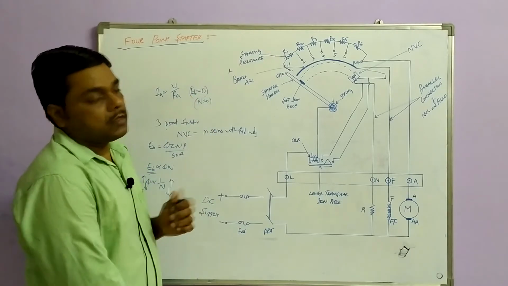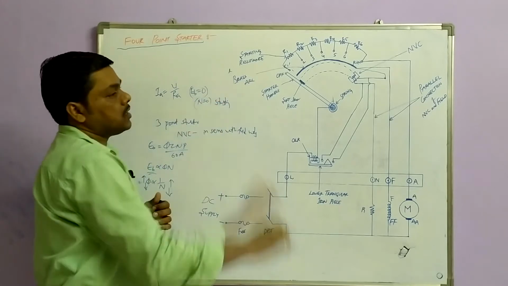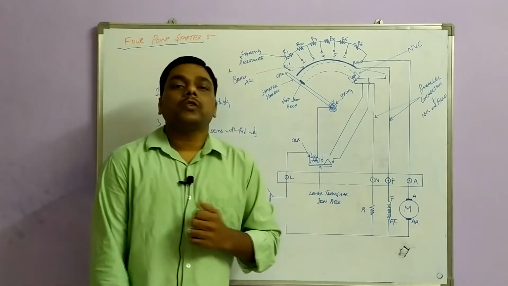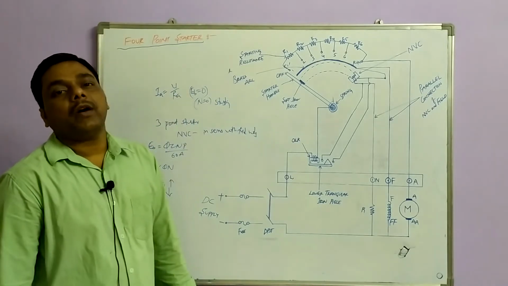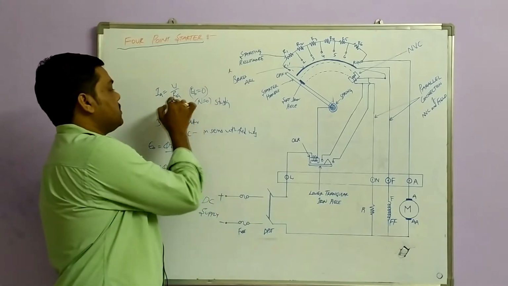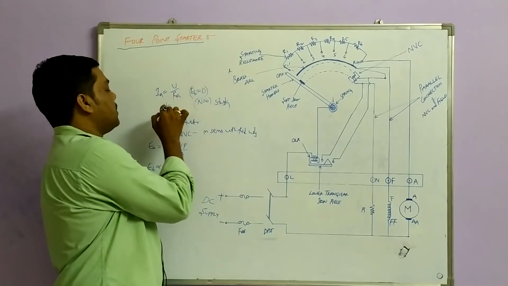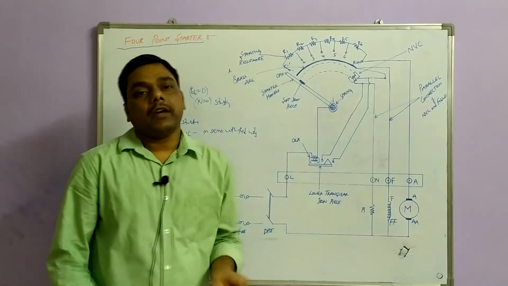This is at starting. Initially back EMF is 0, so your starting current is very high in the armature. That's why we are adding extra resistance. That means V by Ra plus some extra resistance Rx is connected.